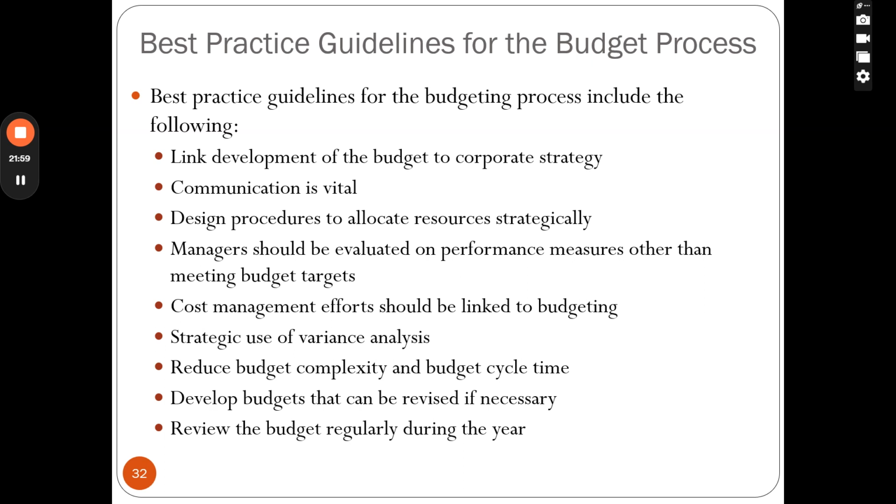Now these are the best practice guidelines for the budget process. What are the best practice guidelines when you are preparing a budget? Link development of the budget to corporate strategy. This we iterated before also. We always have to link the budget to the strategy of the company, and it has to be properly communicated throughout the organization.